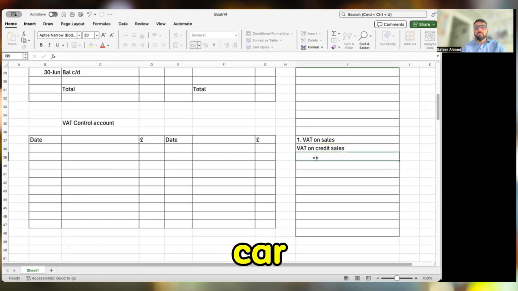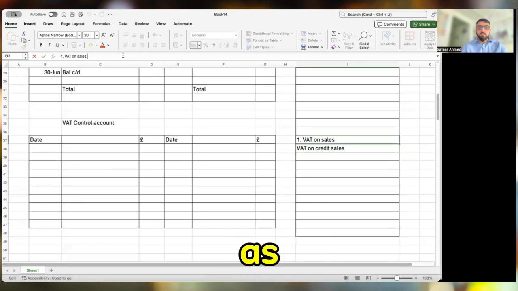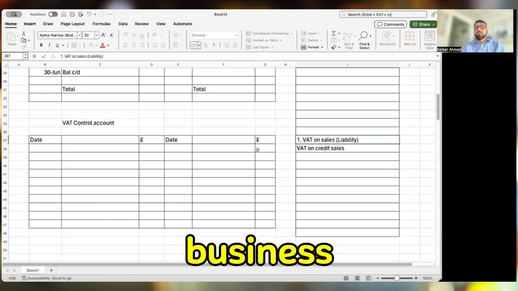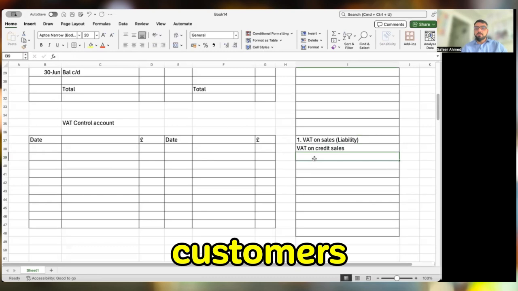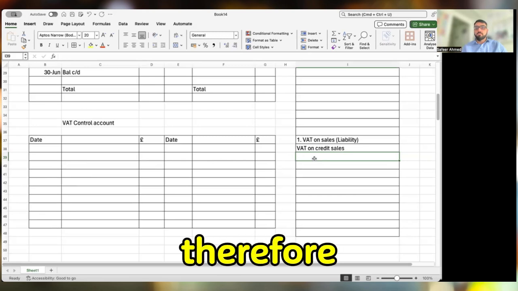So VAT on credit sales, just think about this: VAT on sales and VAT on credit sales, in other words, what type of account it is. So again, you select that first and then you say what type of account it is. Now this is, as you know, a liability account. Although the business received it from its customers, they have to pay it to HMRC. So it's the liability of the business to pay HMRC.